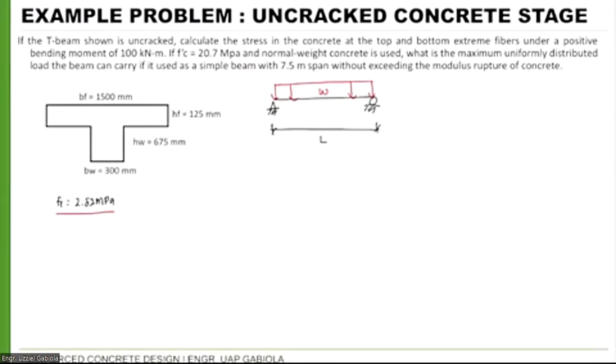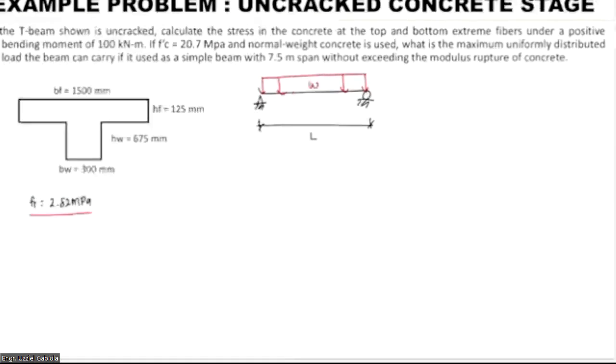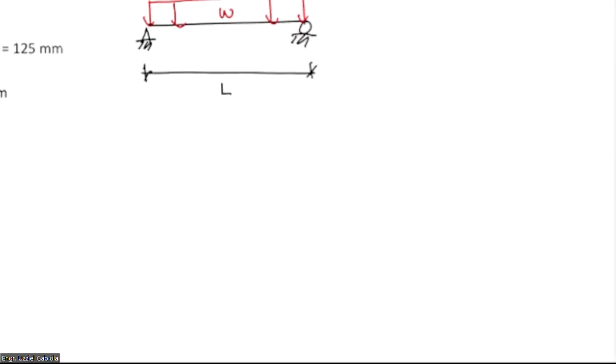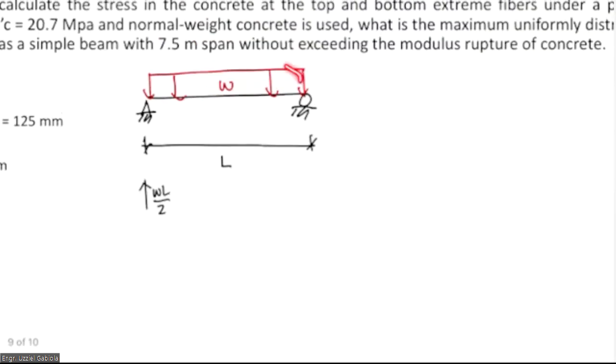Because we need the value for the moment to get the value of the uniformly distributed load. So based from your structural theory, the equivalent concentrated load of the uniformly distributed load is W times L, which is located at the center. And then these two supports will support this load evenly. That is why WL over 2.